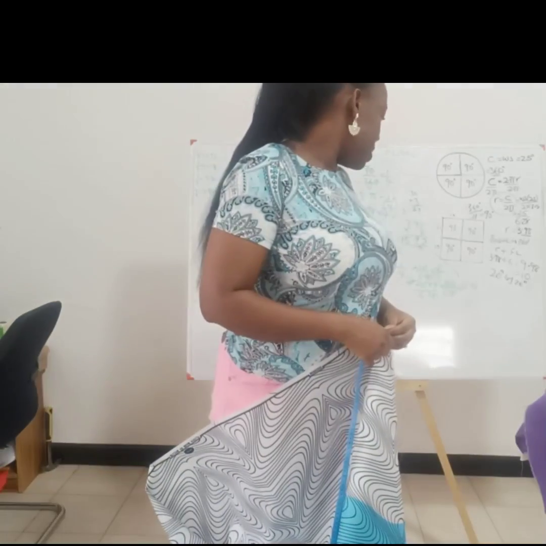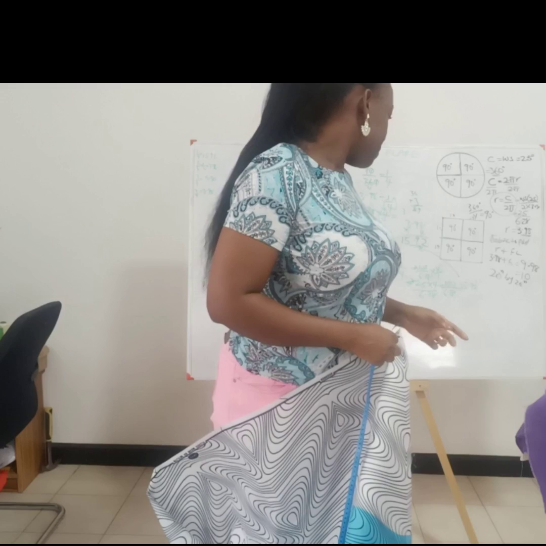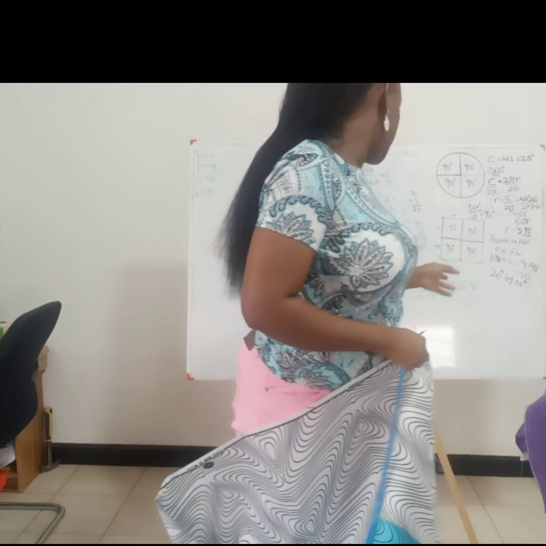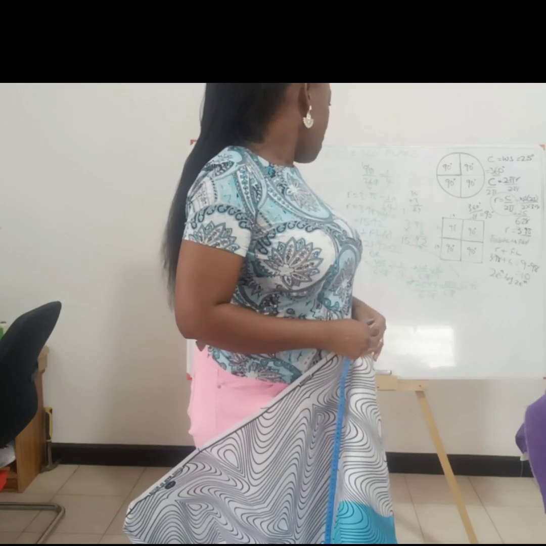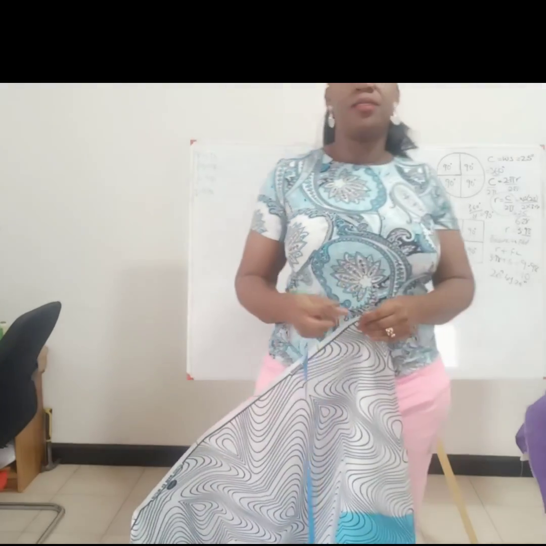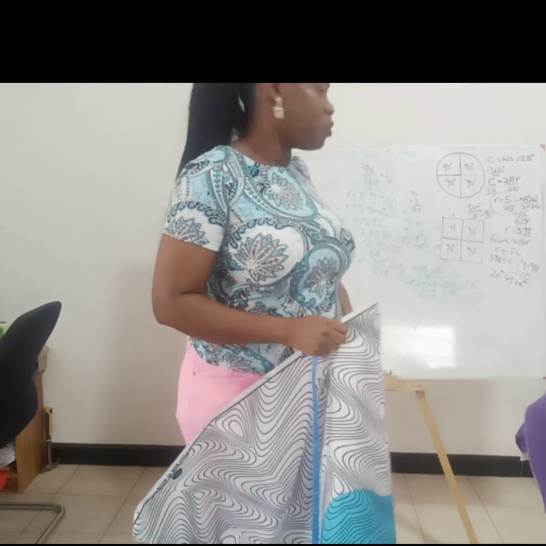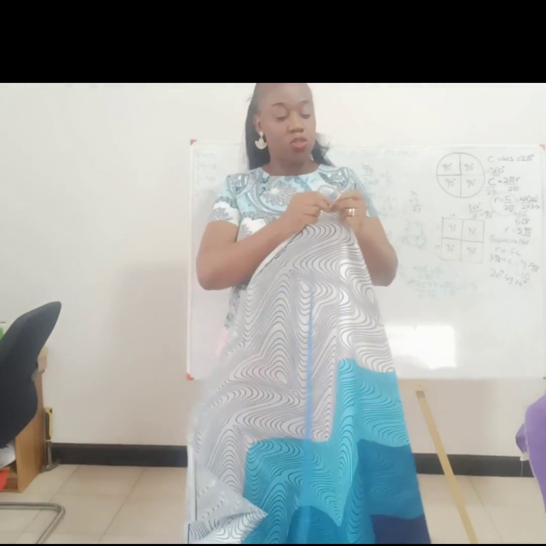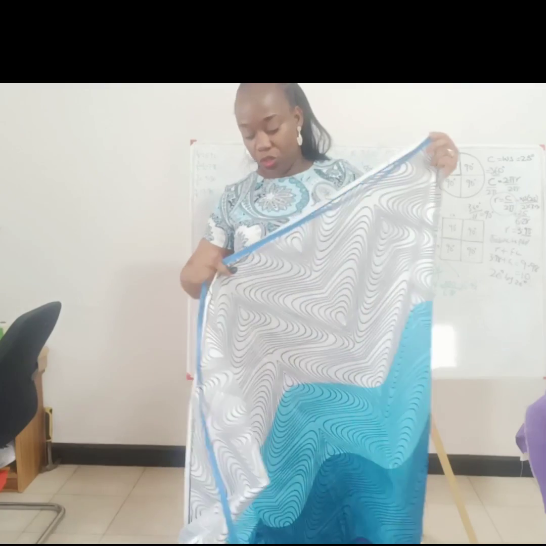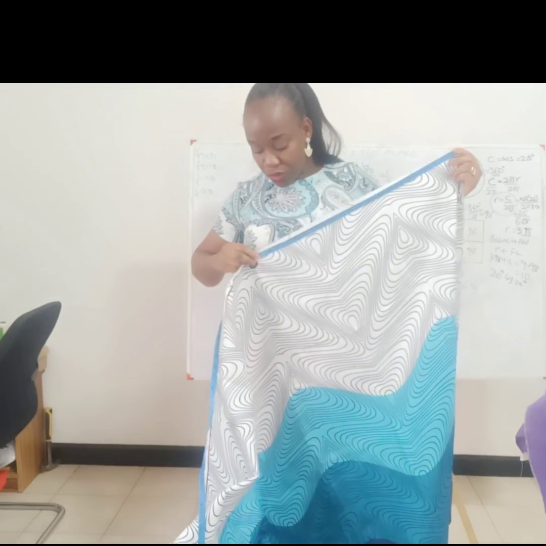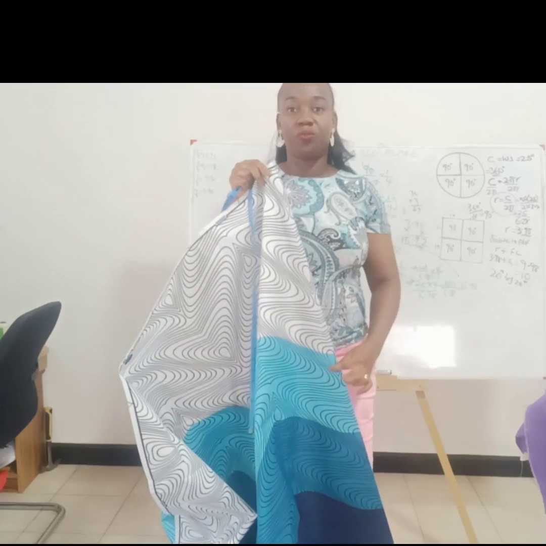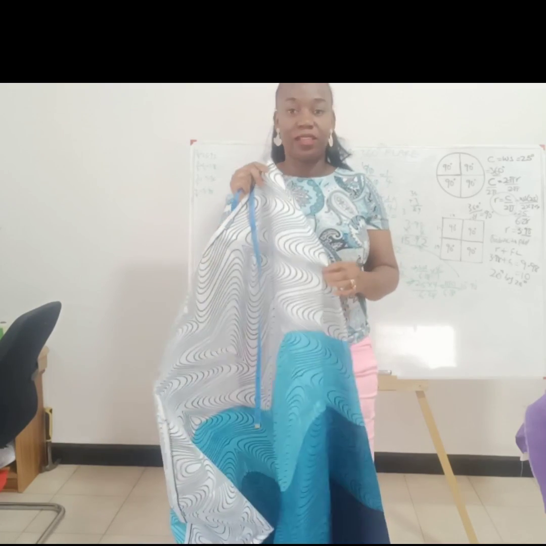In this case, we need 15.92 plus the flare length. Flare length is 6 inches, so we need around 22 by 22. So just measure 22 inches by 22, and then you cut it out like a square.